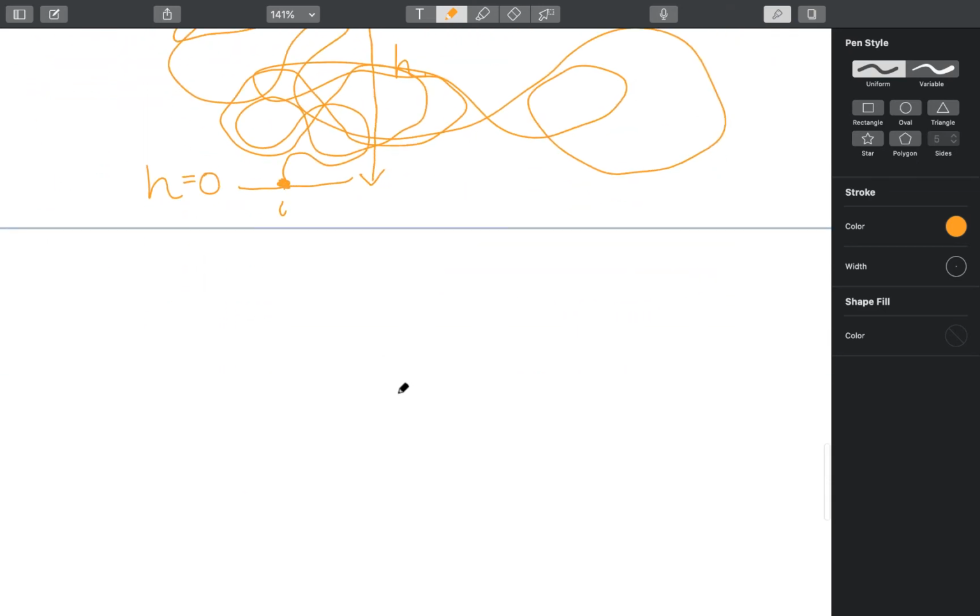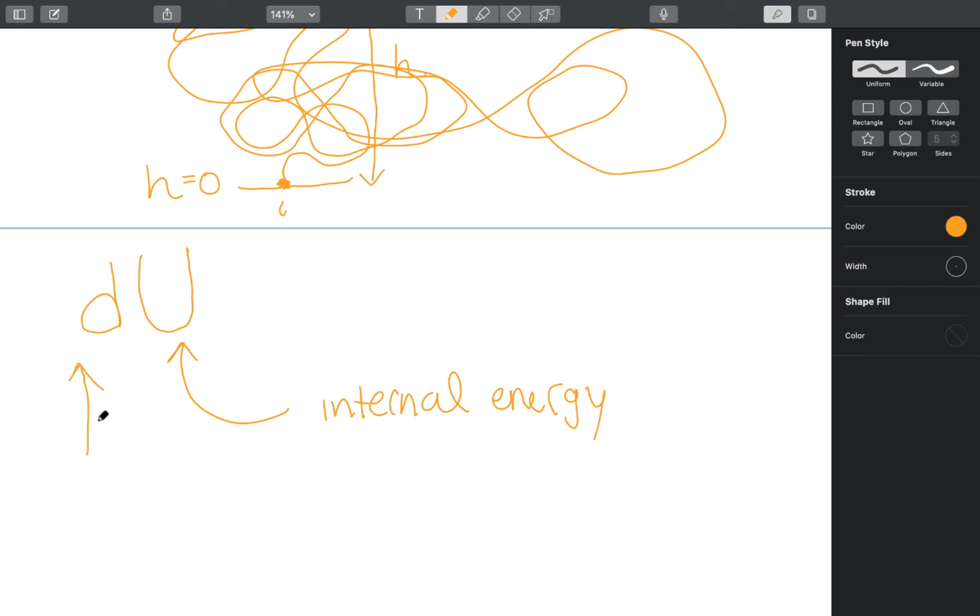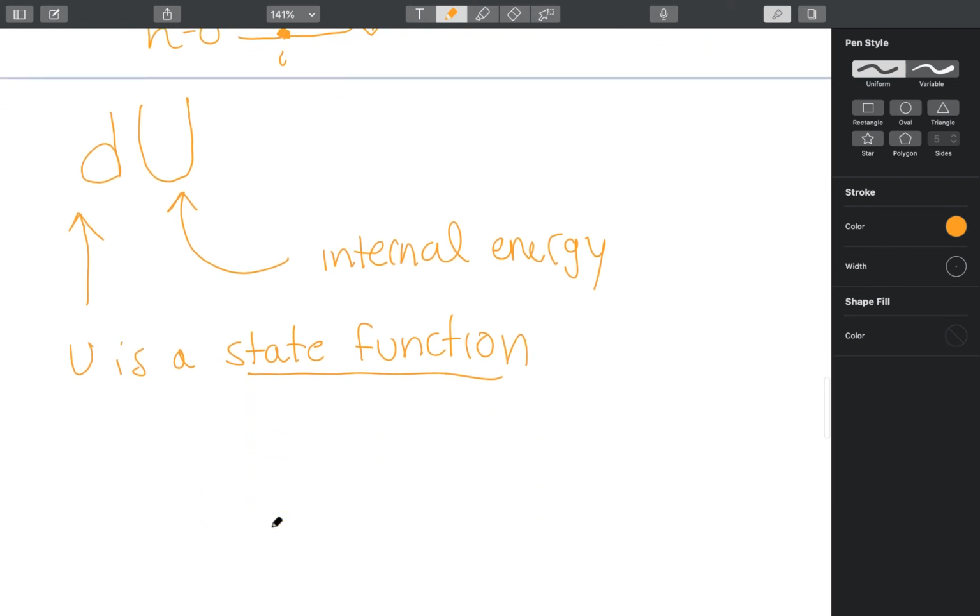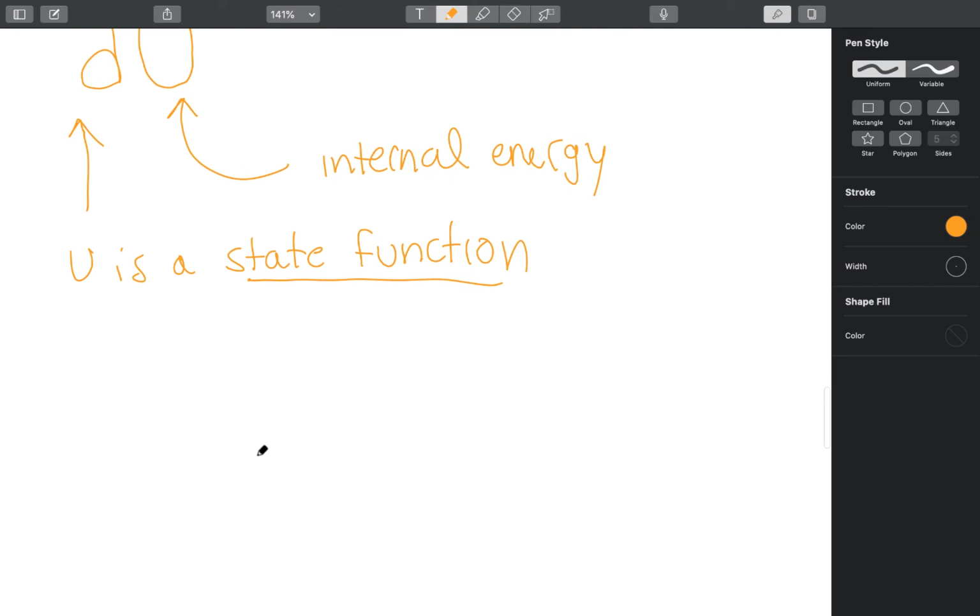So internal energy is a state function. And we represent that internal energy is a state function by putting a d in front of it. So dU. U is the internal energy, and this d is stating that U is a state function. So what does it mean mathematically to have a state function? Well, this requires a little bit of calculus.